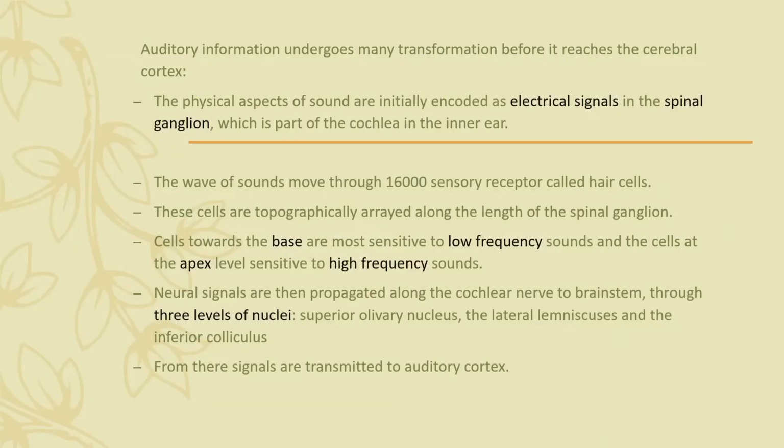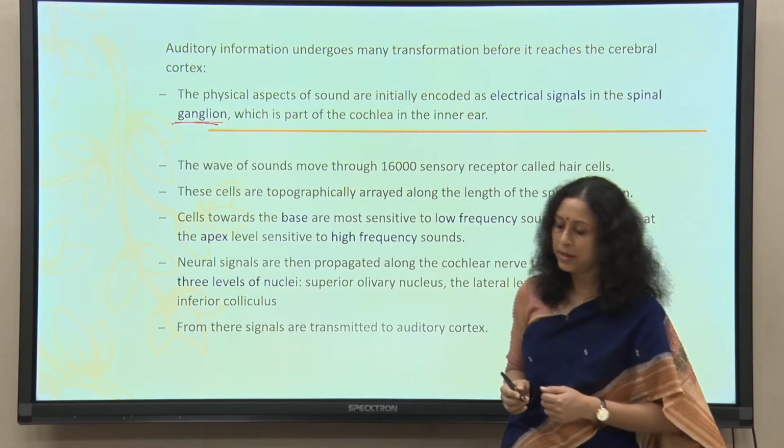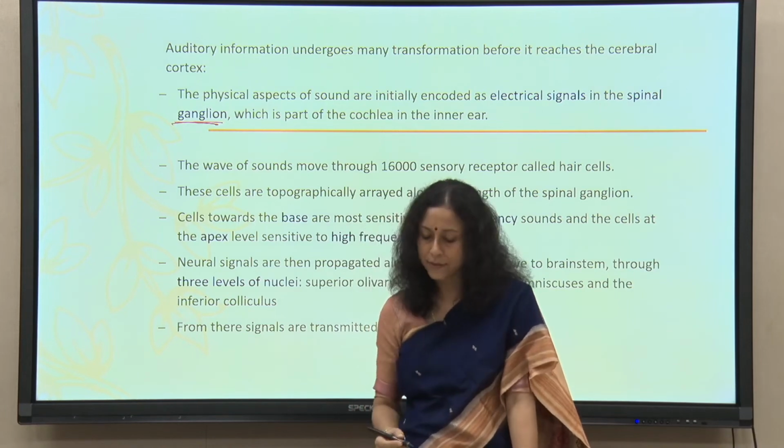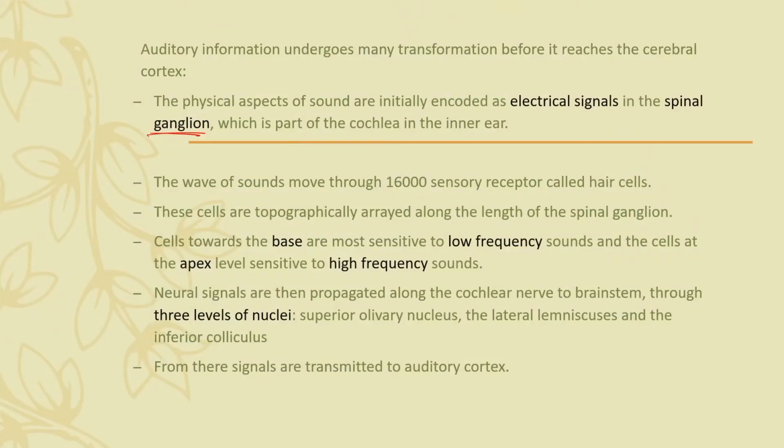Basically, the physical aspects of sound are received through the auditory system, and then they are encoded as electrical signals in the spinal ganglion. This is the first important location where the input is taken, and it resides in the cochlea, in the inner ear.